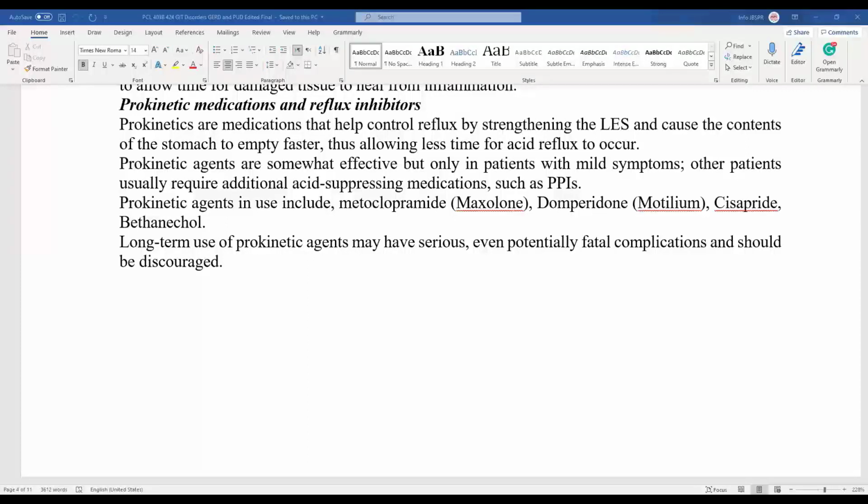Can you see from this table? In GERD, the acid is in the esophagus, but in PUD it is in the stomach lining, either the upper part of the stomach and then towards the lower intestine.